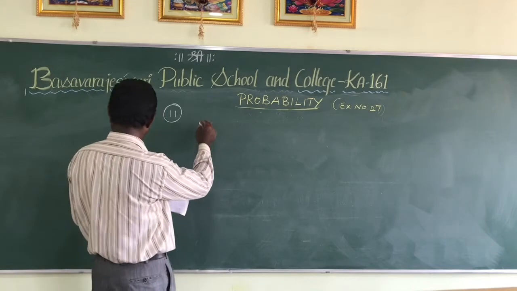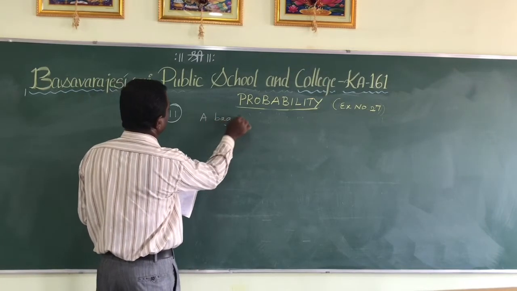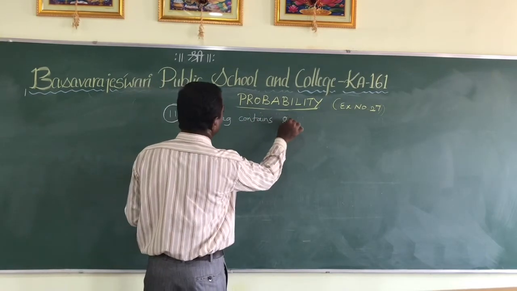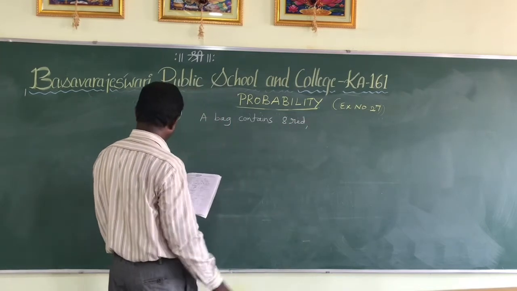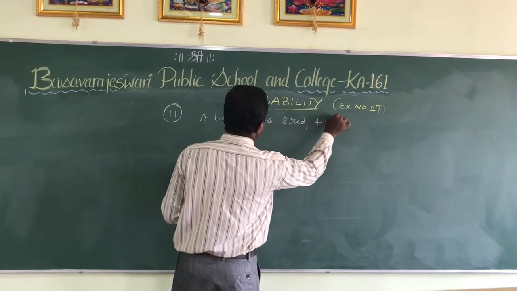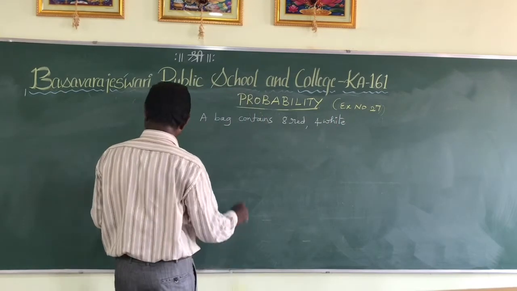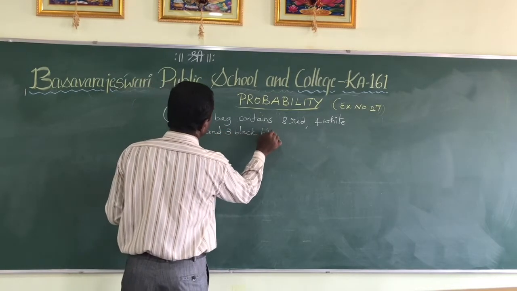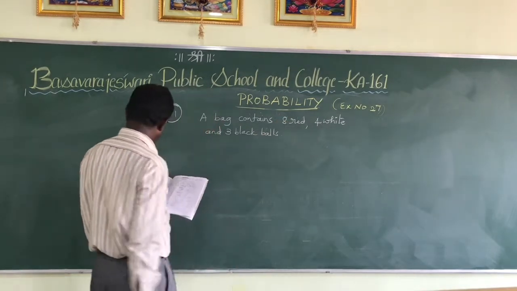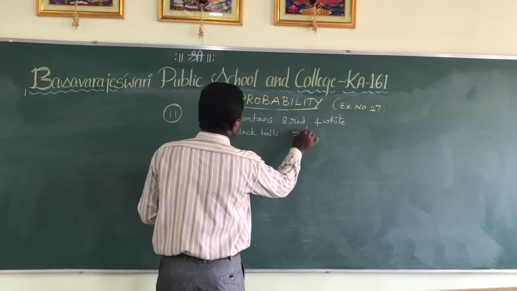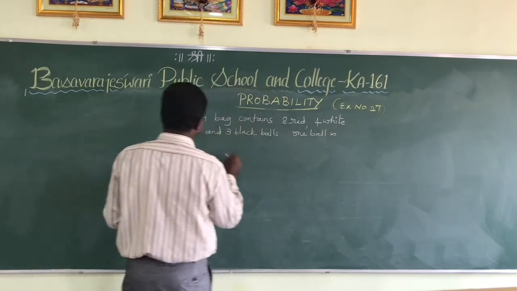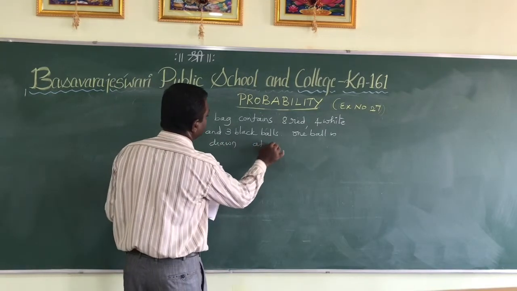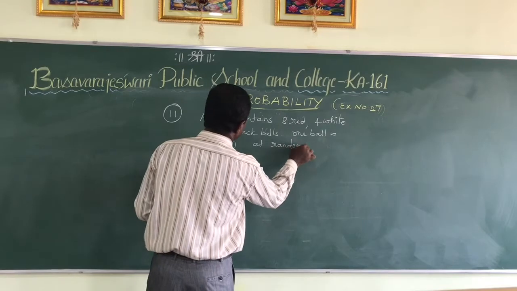So the question is, a bag contains 8 red, 4 white, and 3 black balls. One ball is drawn at random.